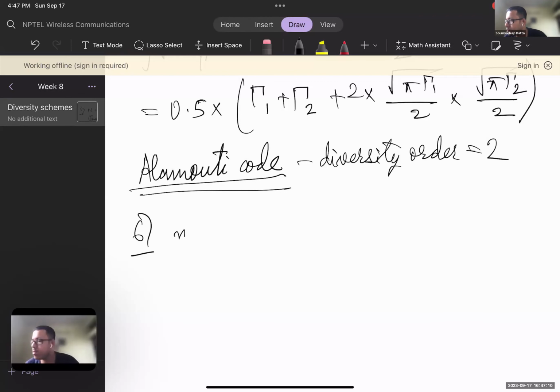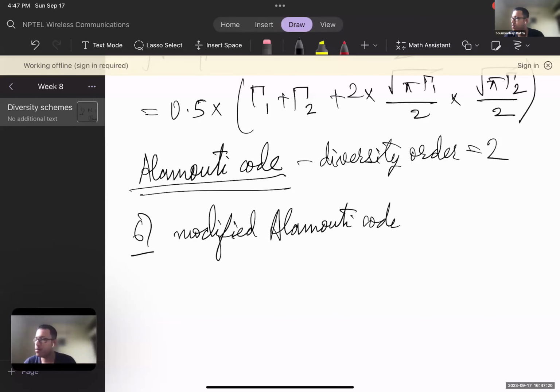so you are asked there is a modified Alamouti coding. But normally in Alamouti code, what is there? There are two TX antennas, right, and one receive antenna. So this is your TX, this is RX.